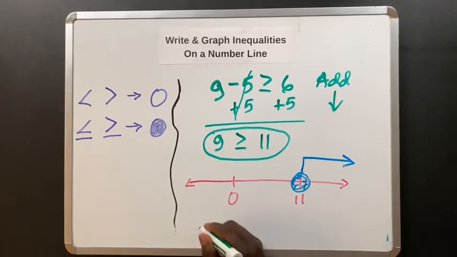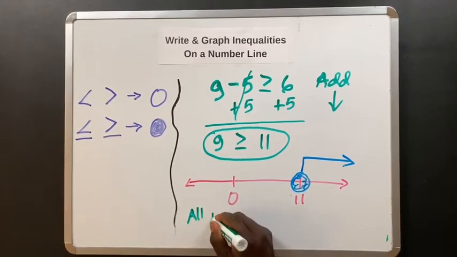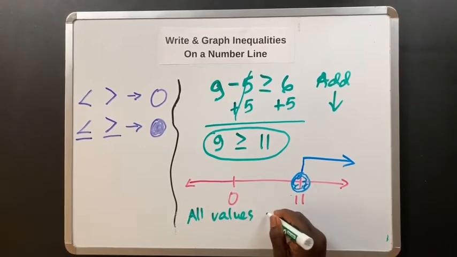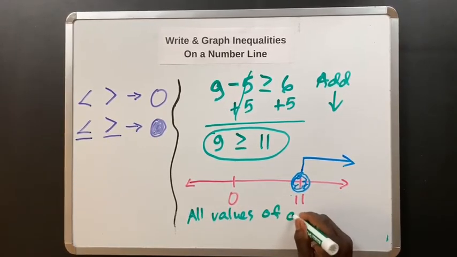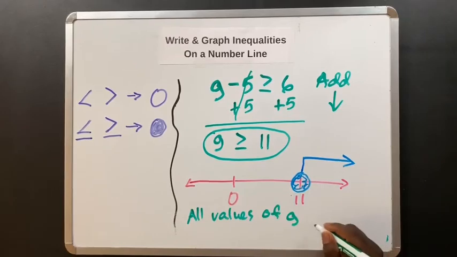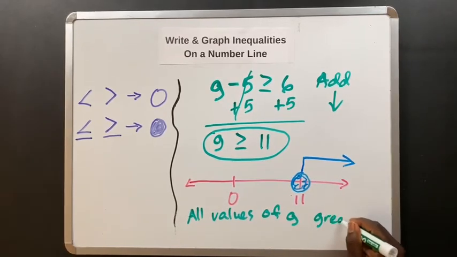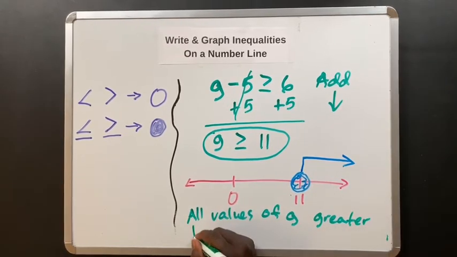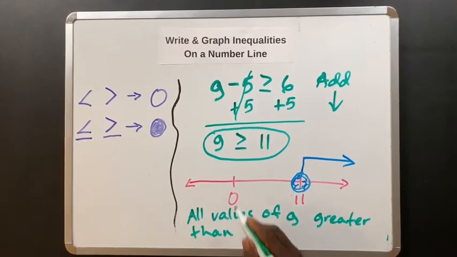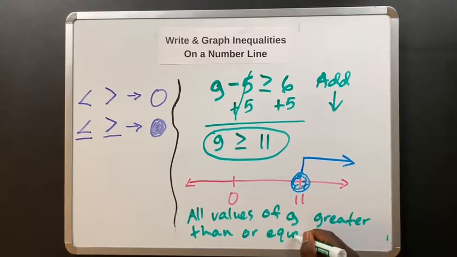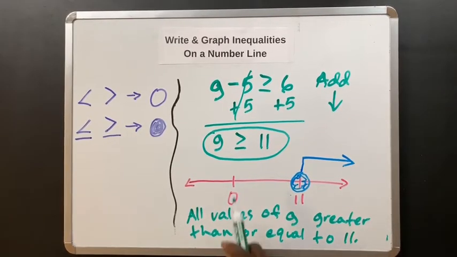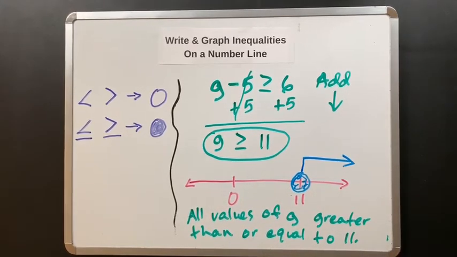So if we do that, we say all values of g that are greater than or equal to 11. So if you're asked to describe the answer in a sentence, this is what it means.